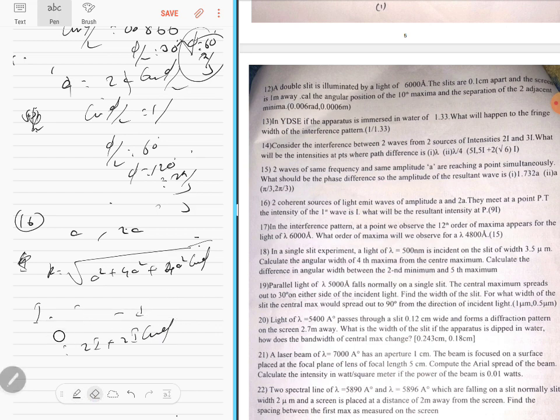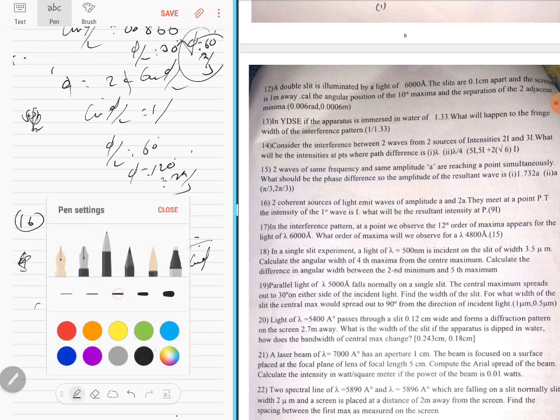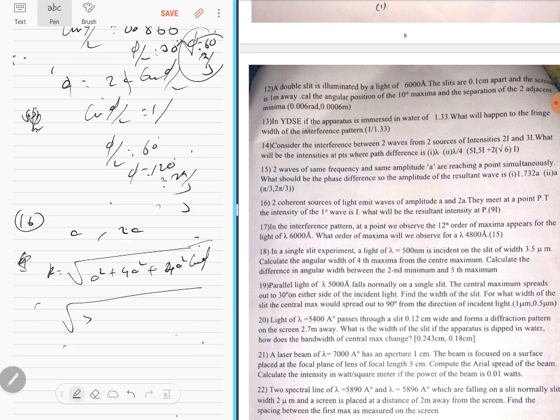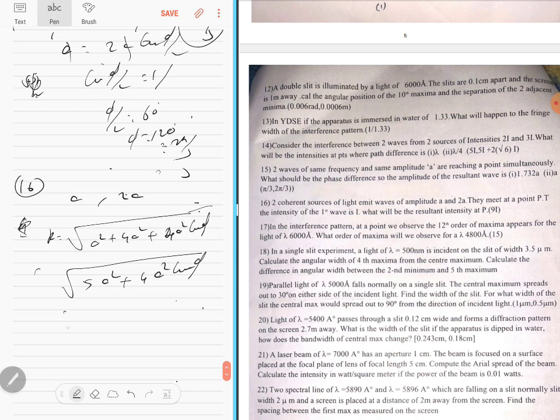I can't write it as I and I because the amplitudes are A and 2A. So let's do the sum using amplitude only. So you get 5A square plus 4A square cos phi. A is common. 5 plus 4 cos phi. Unless you know phi, how do you do the sum?